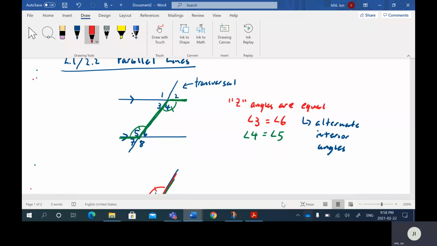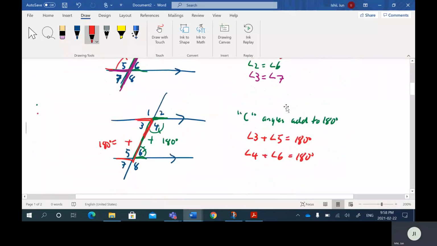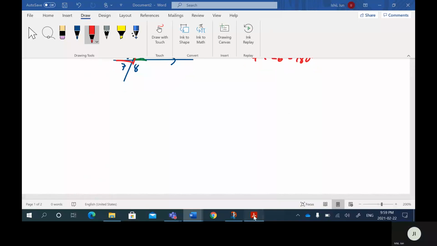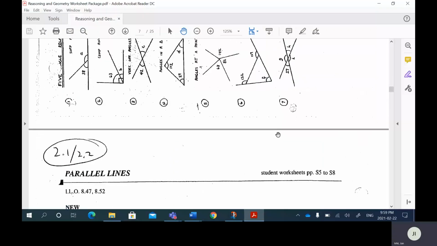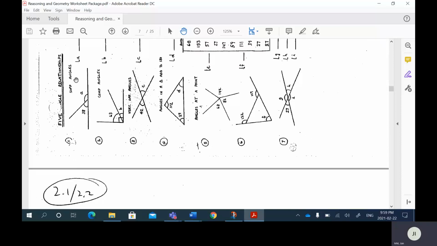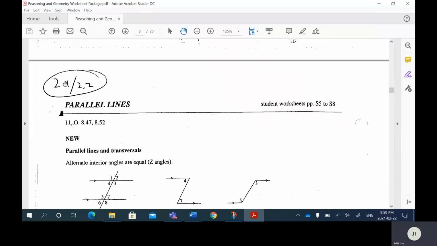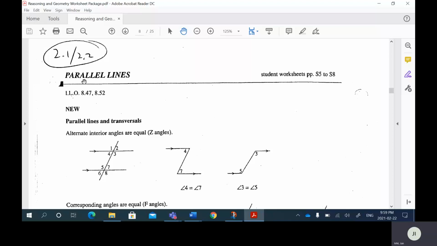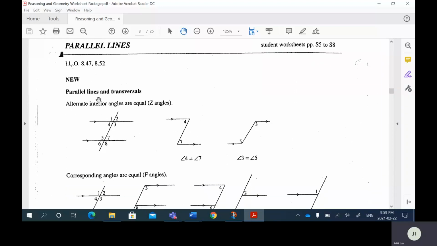Now, what I'm also going to do here is go through an example. Now, going to your package, all right, so we did this in the last lesson, the basic angle properties. Now, the next page, the first page here, basically this sheet just summarizes what I showed, all right? So alternate interior angles, Z angles. So angle 4 is equal to angle 7, angle 3 is equal to angle 5.